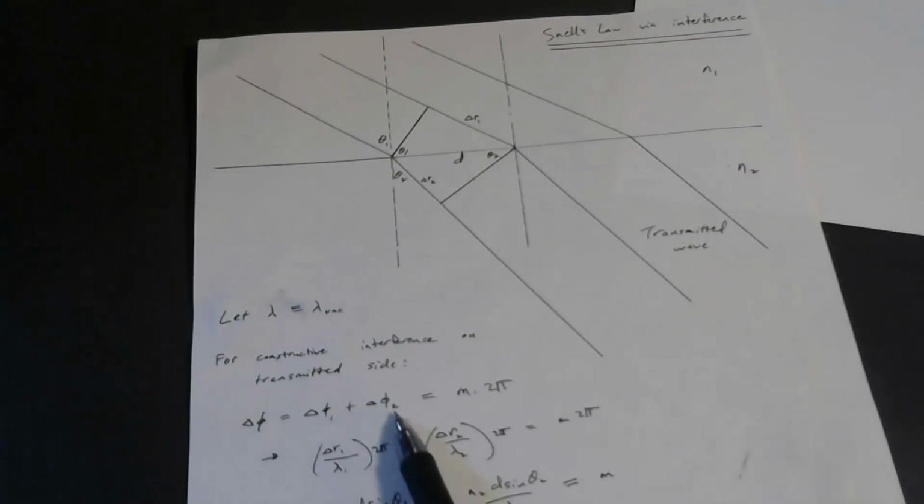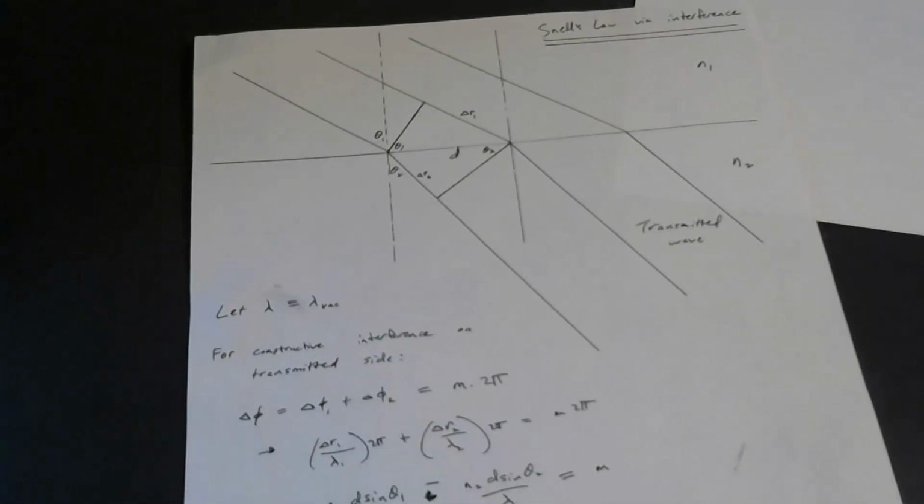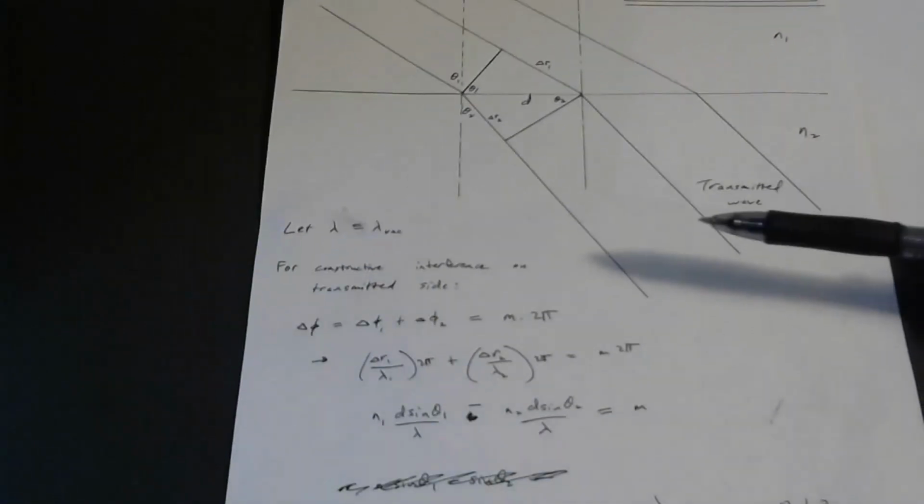And that total phase difference has a contribution due to each of the path length differences. Since we're not looking at reflection, we don't have to worry about a phase shift due to reflection. If these rays are going to interfere constructively, then that total phase difference has to be an integer multiple of 2 pi. It has to be 0, 2 pi, 4 pi, etc.